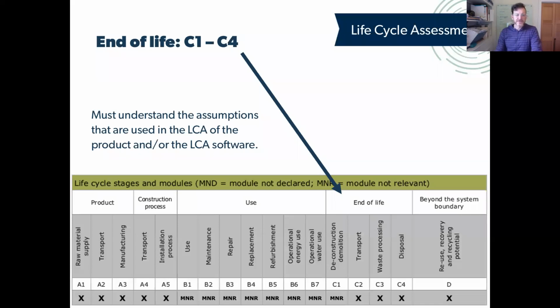And again, you'll see that I keep popping this same quote up as we go, that you must understand the assumptions that are used in this life cycle assessment. One of my beefs about end of life is there are only 3 options for end of life in buildings in LCA for the most part. It's landfill, incineration, or recycling.